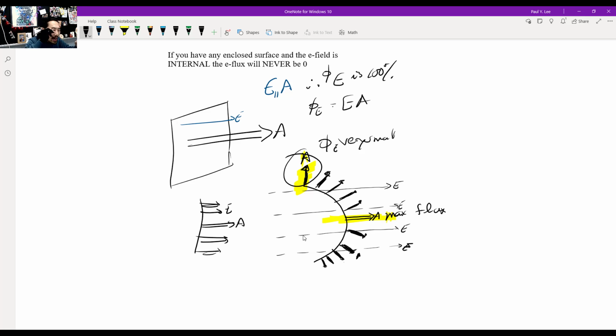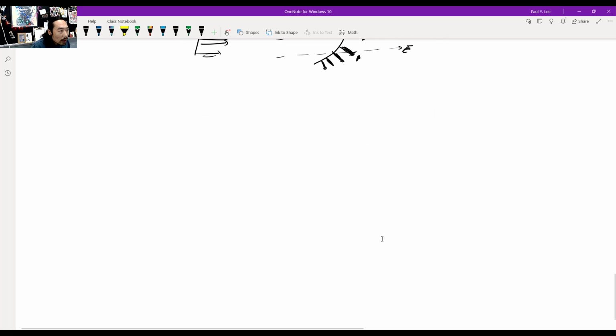So when you take tiny bits of every tiny little thing that you can, and then you sum it all up, in terms of calculus, what we're doing is we're actually taking the integral, okay? And so the integral form of E flux will look something like this. Usually it's a uniform electric field, but that doesn't always have to be true.